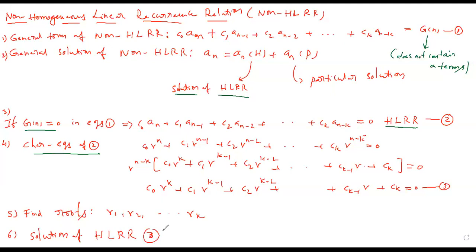Suppose all are distinct real roots. The next one, repeated real roots. And the third case is, what is the third case? Students, already I told you the 3 cases.